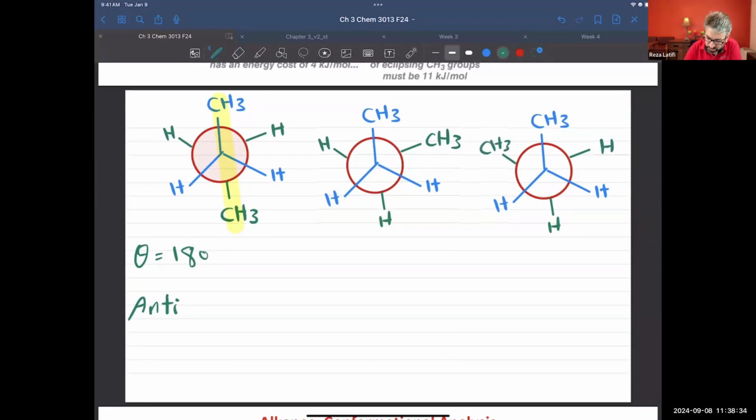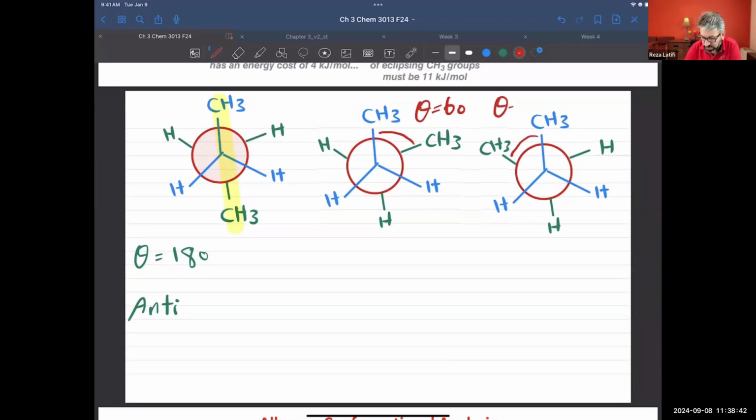Now the dihedral angle between those 2 methyl groups is going to be 60, and the same thing here, the dihedral angle is going to be 60 degrees. These 2 conformations have a name, and the name for them is gauche. In gauche, the dihedral angle is around 60. Because the dihedral angle is smaller than 180, that makes the system unhappy, and it will create technically repulsion.